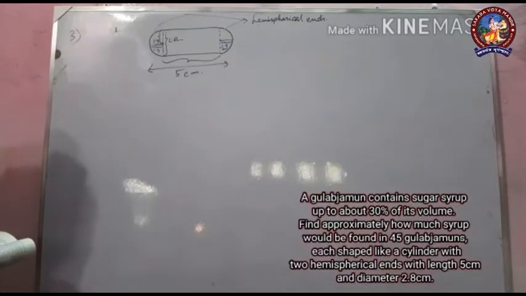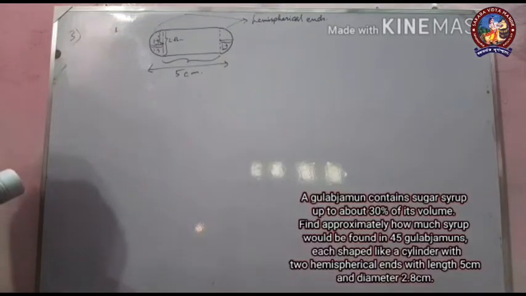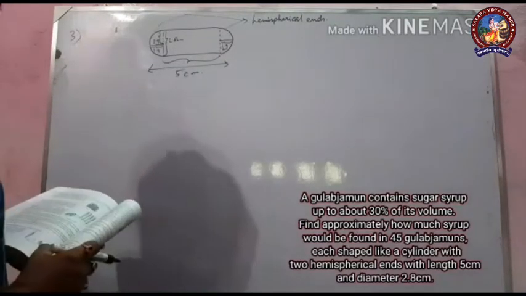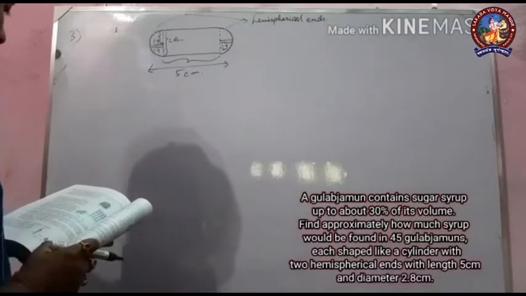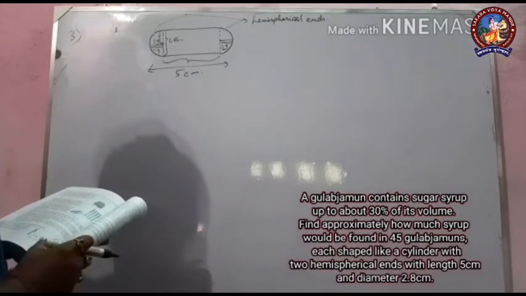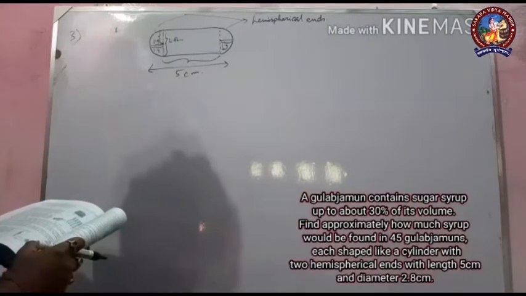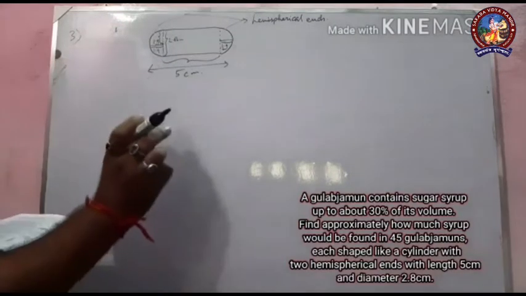Now there are 45 gulab jamuns in total, and 30% of its volume is syrup. So I have to calculate the volume of one gulab jamun at first.